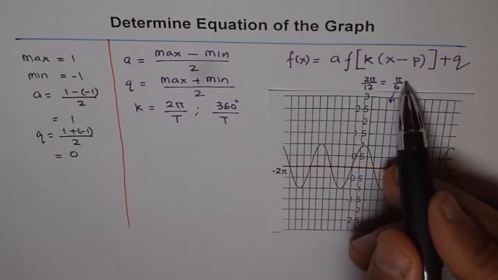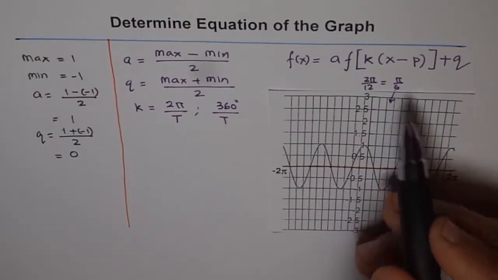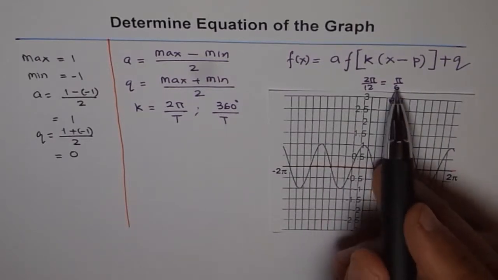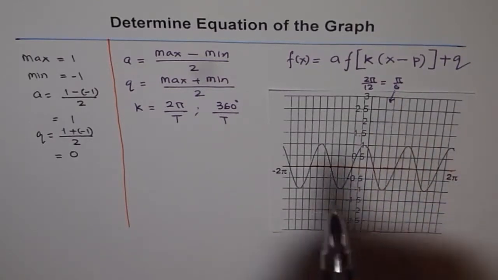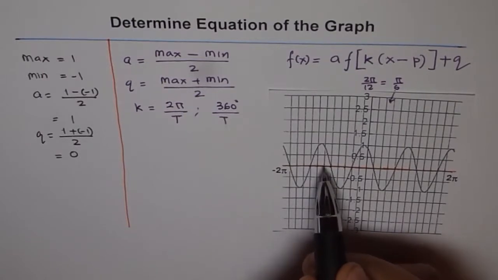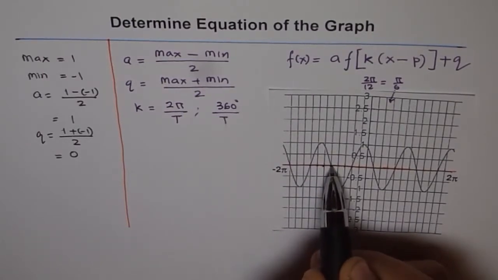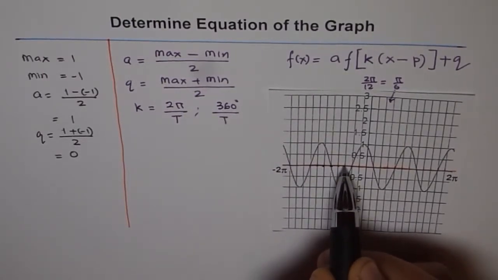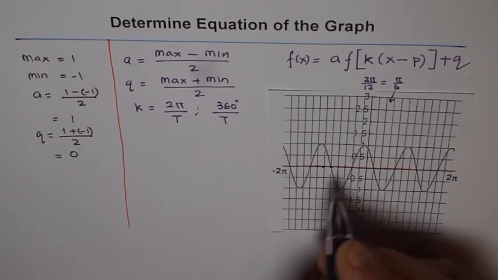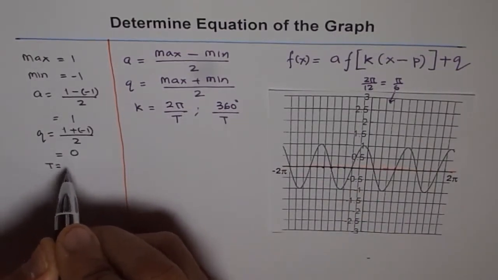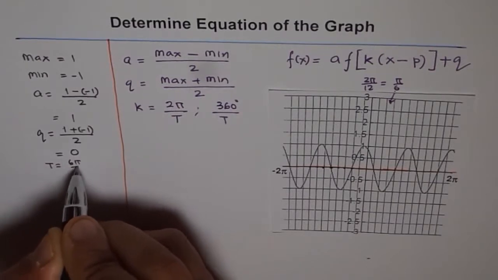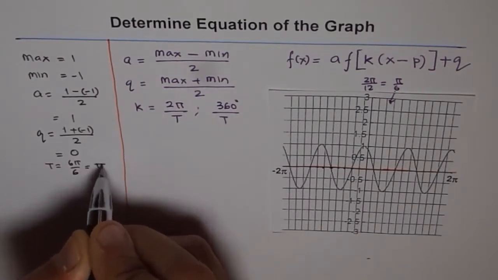So it is 6 times pi by 6. Or you can say, each division is pi by 6: 1 pi by 6, 2 pi by 6, 3 pi by 6, 4 pi by 6, 5 pi by 6 and 6 pi by 6. So the time period T is 6 pi by 6, which is pi. Do you get it?